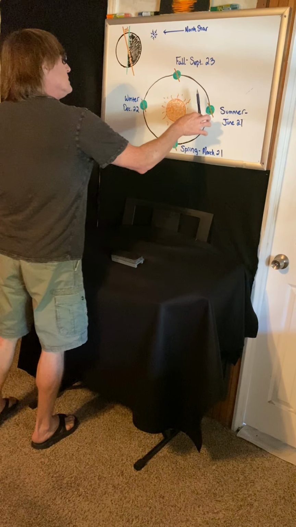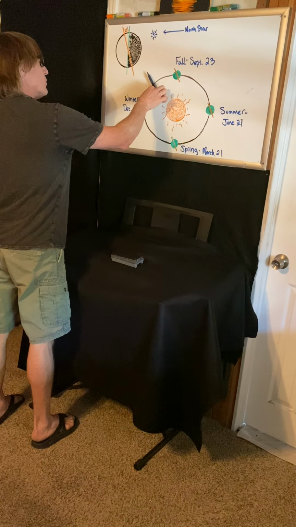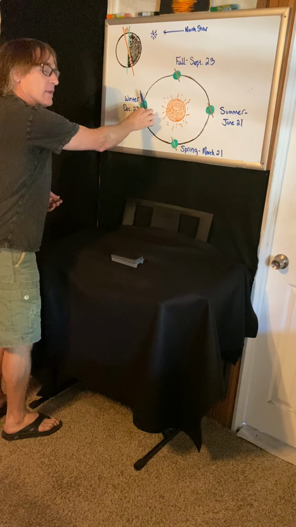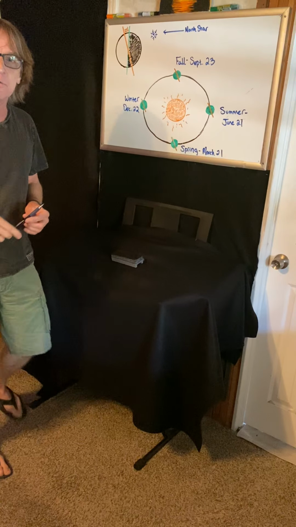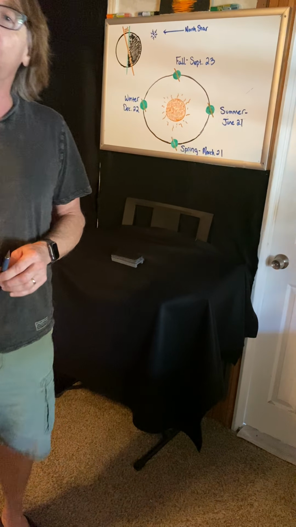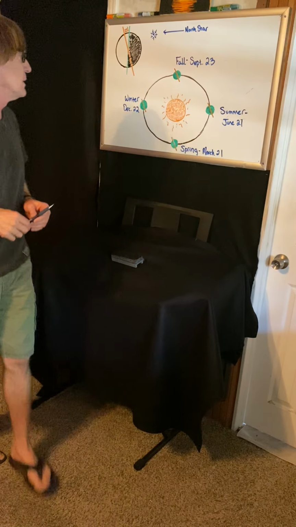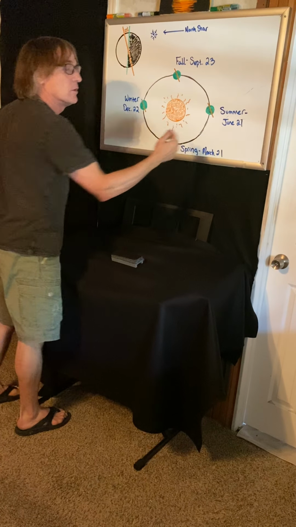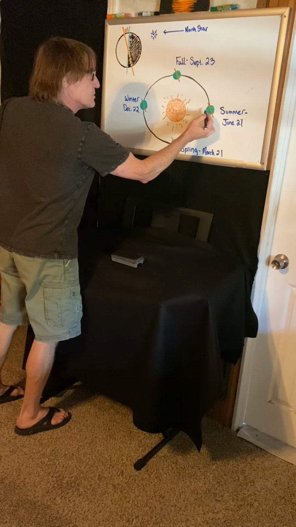Now, let's continue on our path around the sun at a 23-degree angle and stop here on December 22nd, right before Christmas, right? 3 days before Christmas. What is it officially now? Winter. It's winter now. Now, again, remember, in the summer, we're on the northern hemisphere. Well, we're always on the northern hemisphere, but on the Earth's surface.